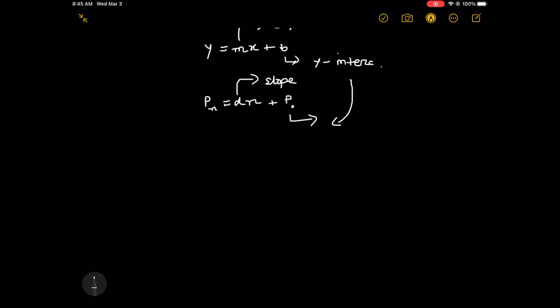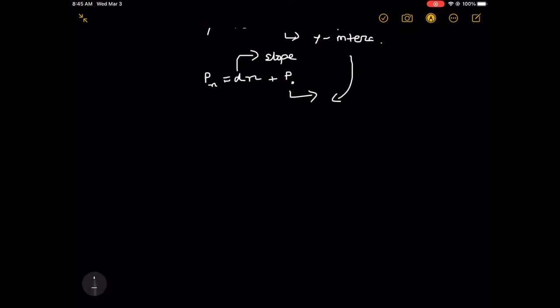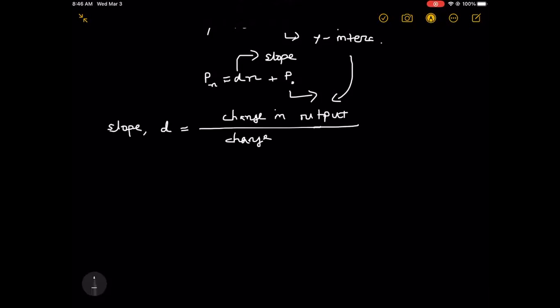Okay, so let's find the slope then. We know the slope is the change in output over the change in input.